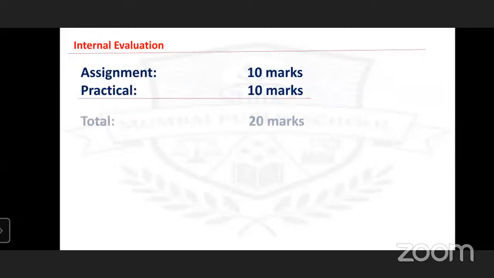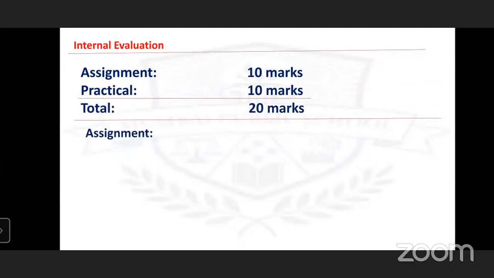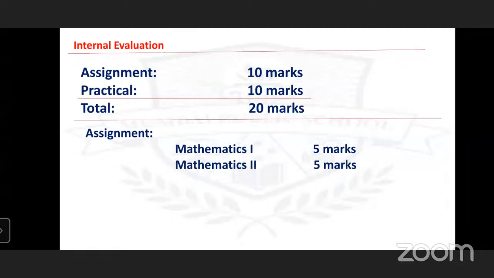See here, total 20. Mathematics 1 assignment 5 marks and mathematics 2 assignment 5 marks, so this 10 marks is from maths 1 and maths 2. Written 80 marks, that is 40 plus 40, and assignment 10 marks, 80 plus 10 is equal to 90 marks. Then what about practicals?